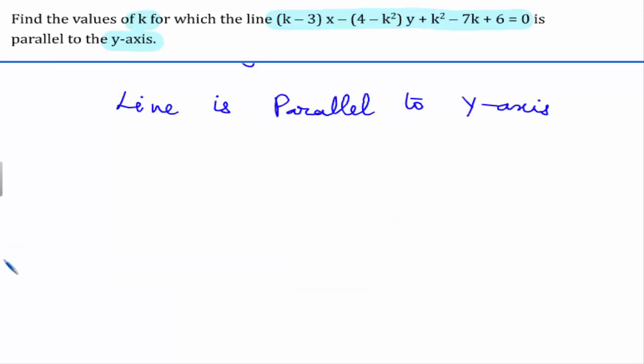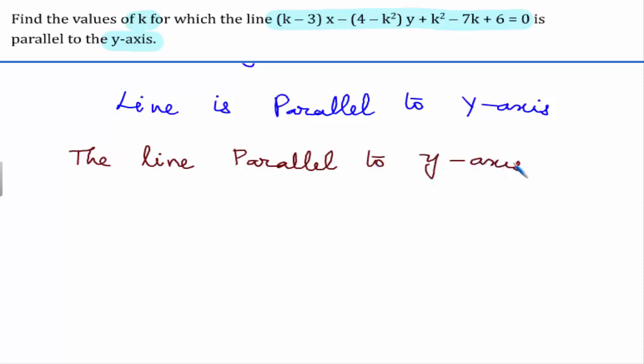Now the line parallel to y-axis will be in the form of x is equal to b. That means the y coefficient in the equation must be equal to 0.